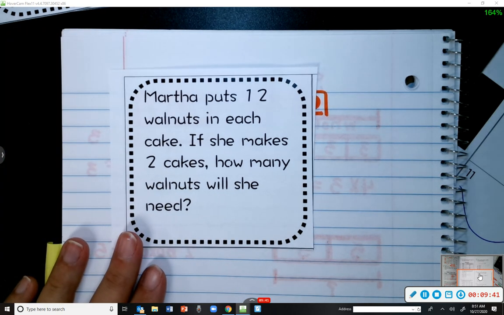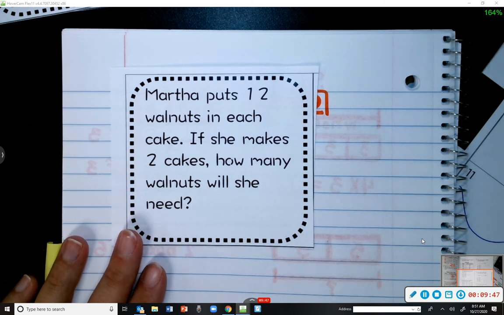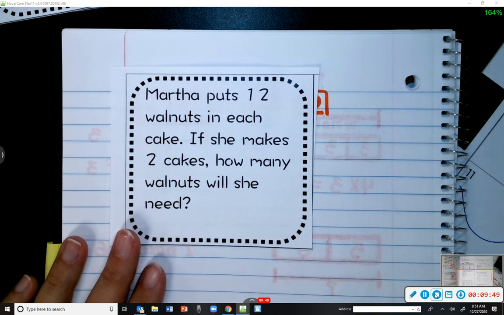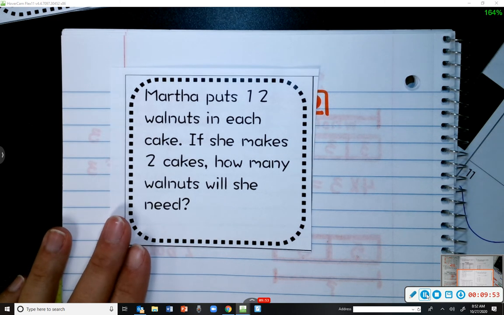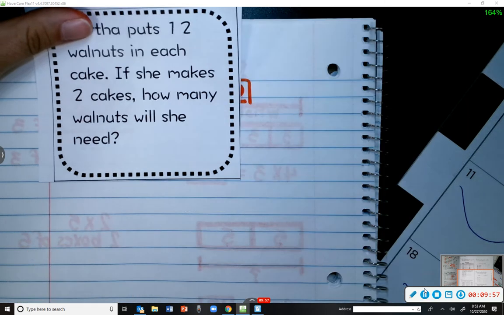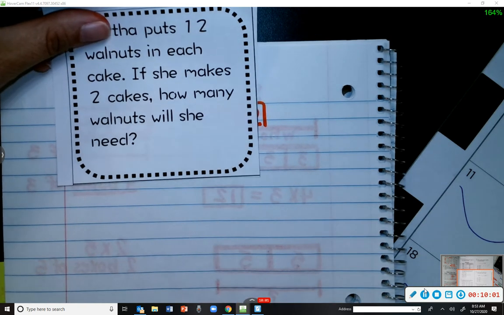Martha puts 12 walnuts in each cake. If she makes 2 cakes, how many walnuts will she need? Work this one out on your dry erase board. Okay, let's look at what your strip diagram would look like. 2 cakes with 12 walnuts in each cake.